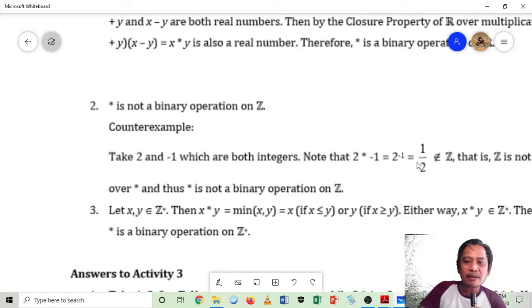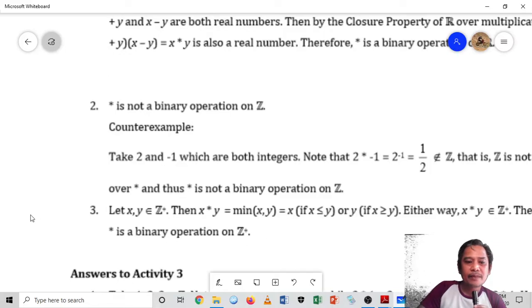But we know that 1/2 is not an element of Z, that is not an integer. Therefore, even if there is a result of 2 operation negative 1, 1/2 is not in the set where the operation was defined, meaning the operation is not closed, or Z is not closed over the operation asterisk. Thus we say that the operation asterisk is not a binary operation on Z.